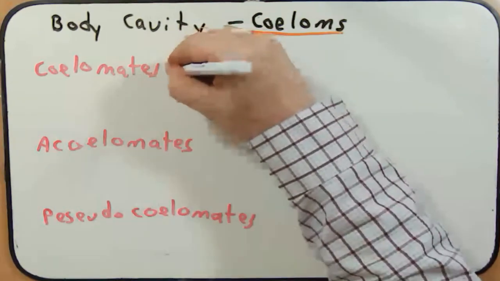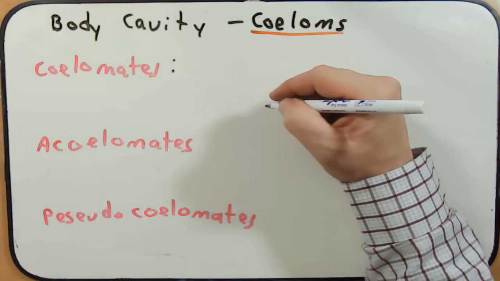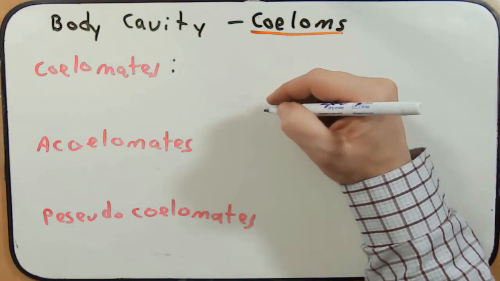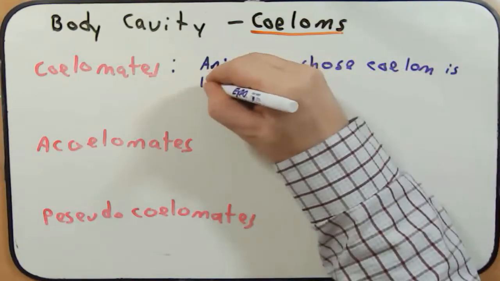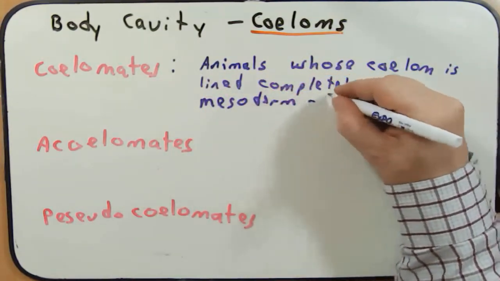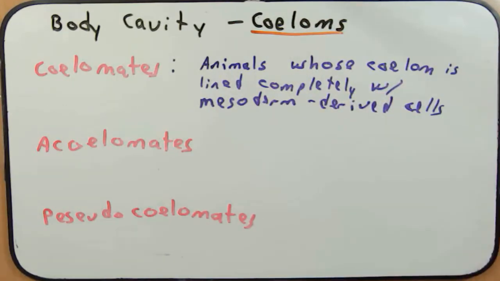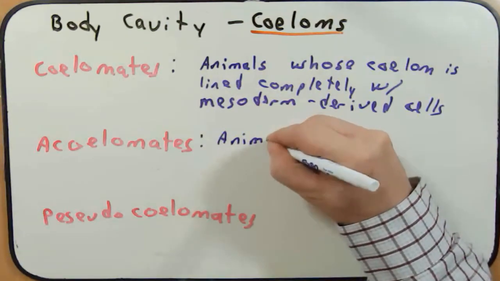So animals that are classified as coelomates have coeloms that are completely lined with mesoderm-derived tissues. For instance, you and I, we are coelomates. Acoelomates are animals that lack a coelom altogether.